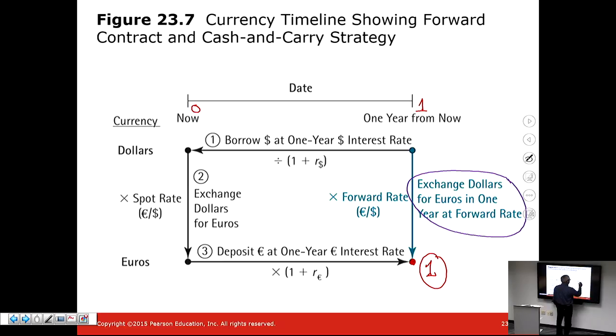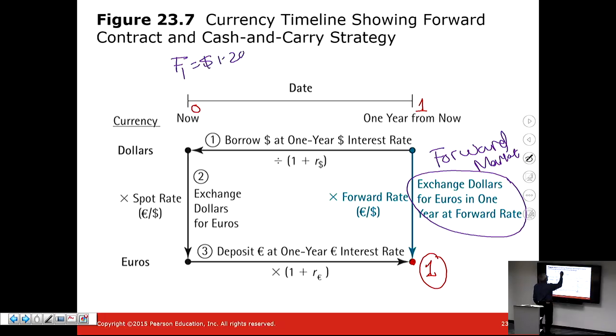is to play in the forward market. In the forward market, I am quoted a rate. All I'm doing is being quoted a rate, 1.29 per euro. I have committed to buying 500,000 euros a year from now.